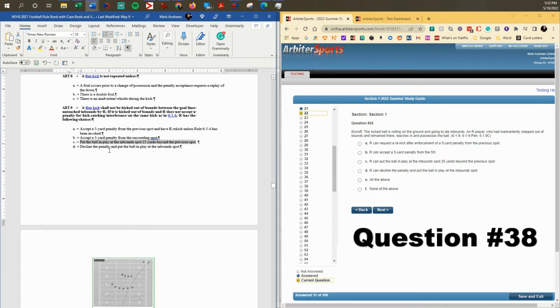Anyway, or decline the penalty and put the ball in play at the inbound spot. Why you would do that, I have no idea. So this B was the big change. If the ball went out of bounds and tacking on 5 yards would put it closer to the goal line than the 35, the coach would do that. So this list is exactly what we have over here. So the answer is E, all of the above.